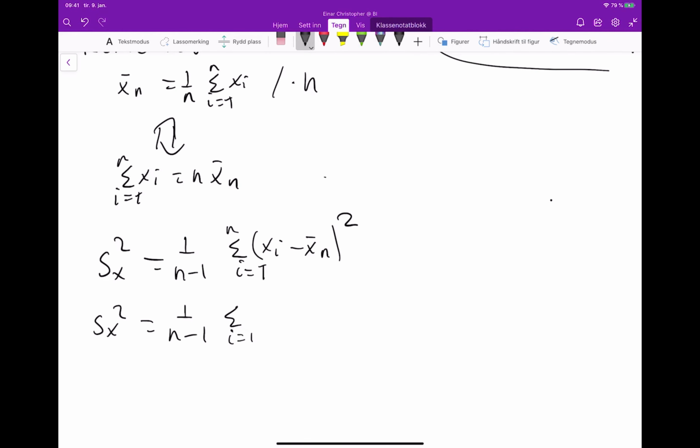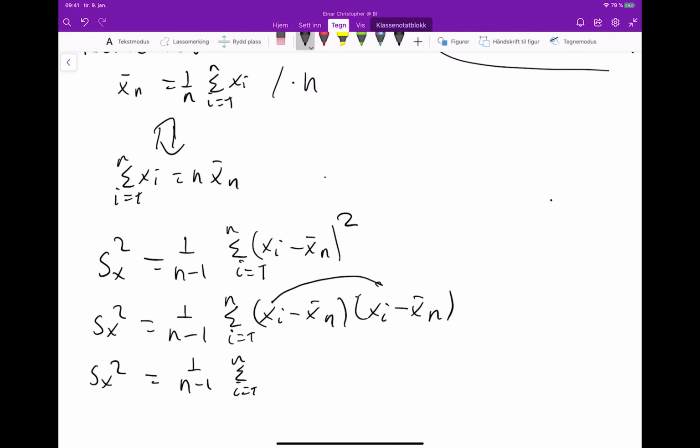I could write this, of course, like this, that you understand, and I can write this again as xi times, I take this one with this parenthesis, so that I will get xi times xi minus x bar n, and then I take this one with this parenthesis, and I get then minus x bar n times xi minus x bar n, like this.